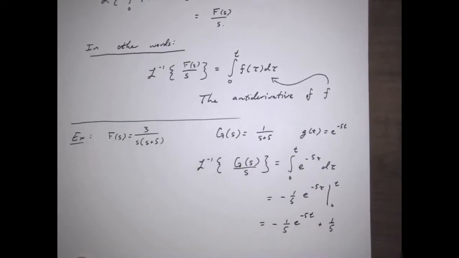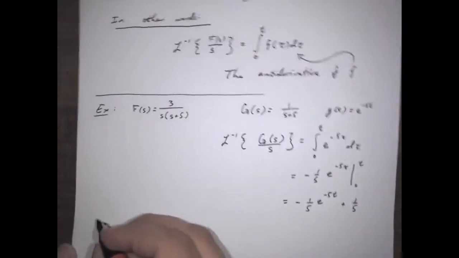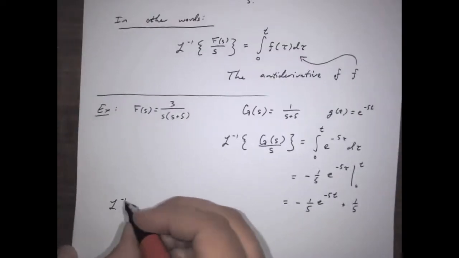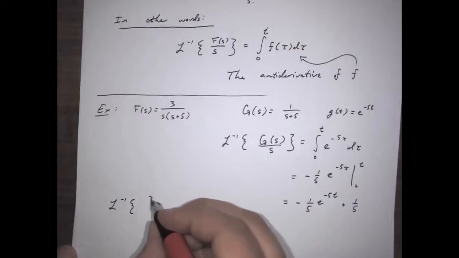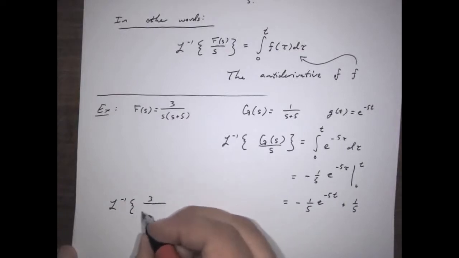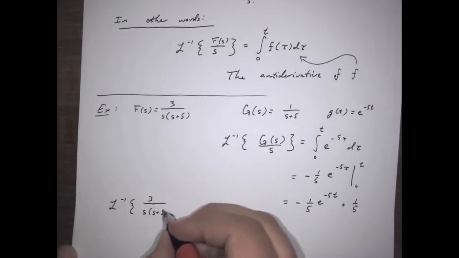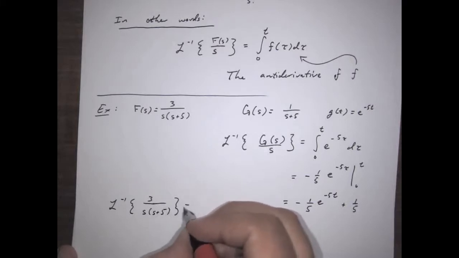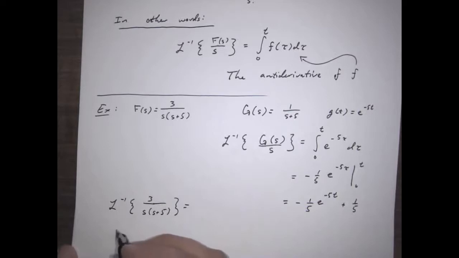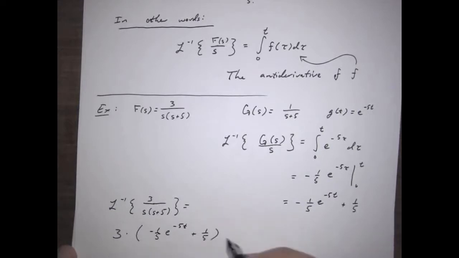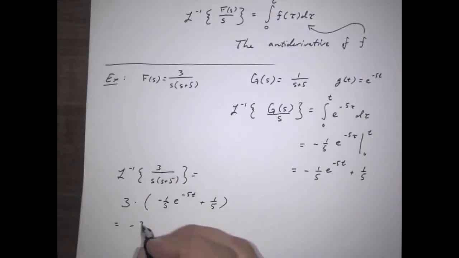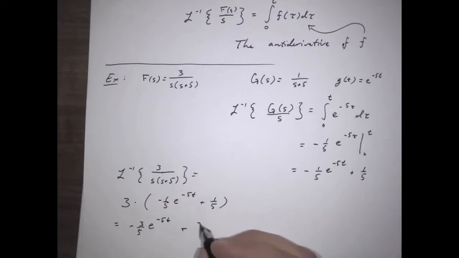So then what we've got here is that the inverse Laplace of 3 over s times s plus 5 is equal to 3 times negative 1/5 e to the negative 5t plus 1/5, which equals negative 3/5 e to the negative 5t plus 3/5.